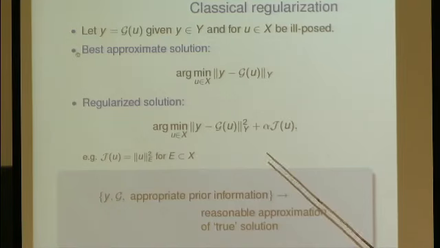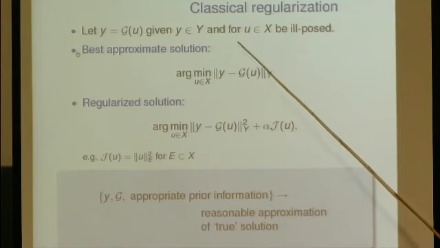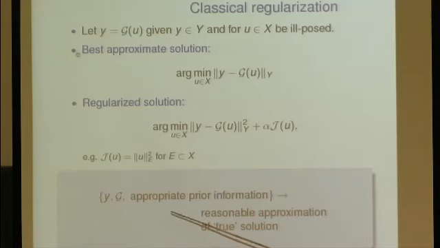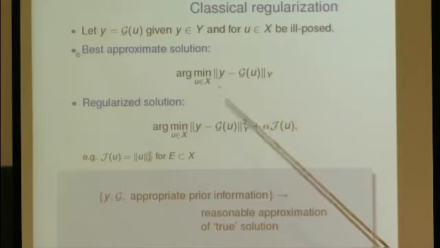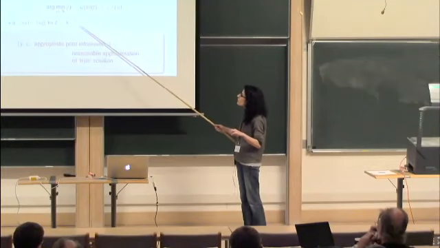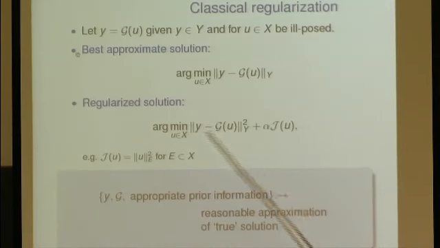Stability is very important, because at the end of the day we're going to approximate and we need stability. So we change the original problem into this problem by adding some appropriate prior information, and we hope to obtain some reasonable approximation. Note that what we get from this is just a single function, which is the argument of this function over here.